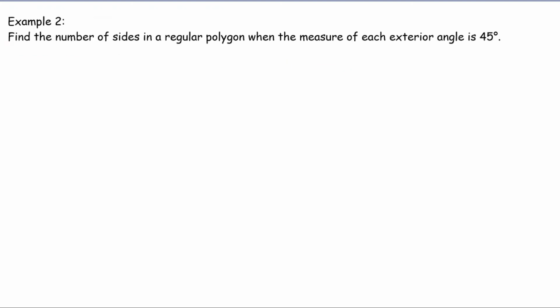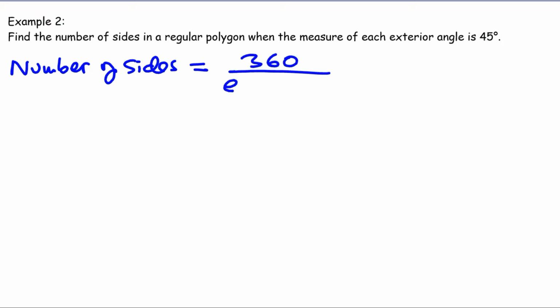Example 2, find the number of sides in a regular polygon when the measure of each exterior angle is 45 degrees. So again, just by giving you a formula here, which is related to what we learned previously: number of sides is equal to 360 divided by each exterior angle.